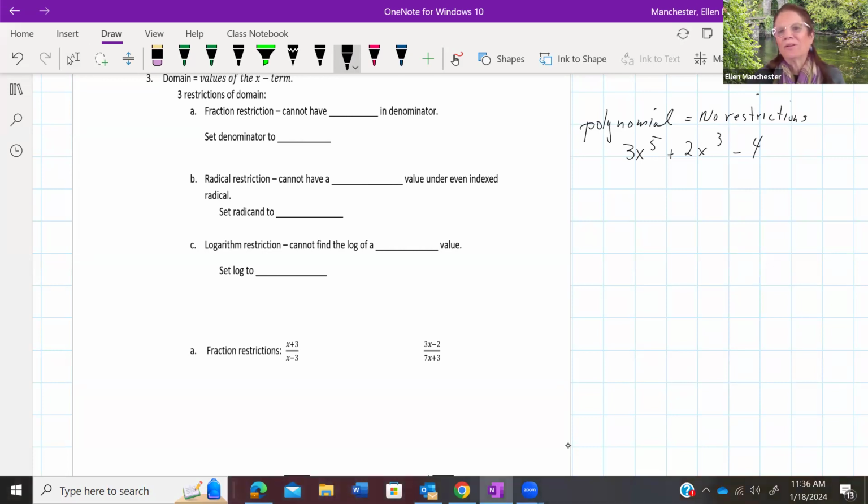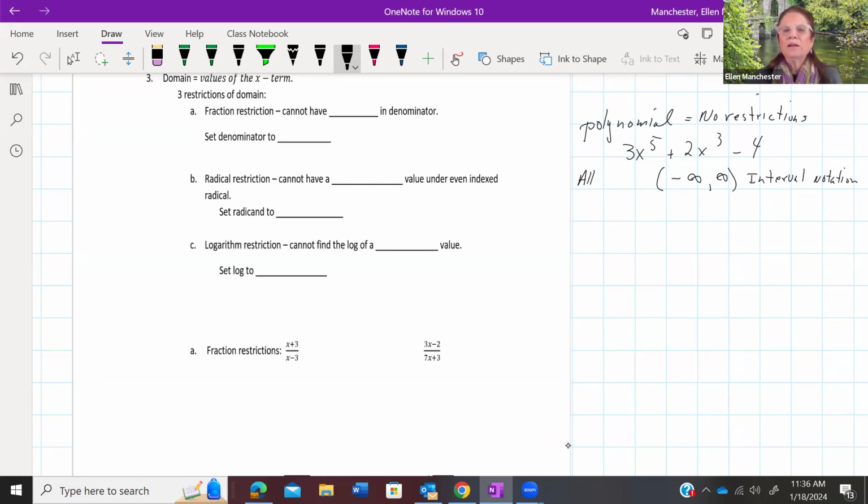There's no restrictions. So in My Math Lab, it's going to ask you to write things in what's called interval notation. And you guys did this a lot in 1324, so this shouldn't be new to you. So if there's no restrictions, it's from negative infinity to positive infinity. In other words, it's all real numbers, okay?